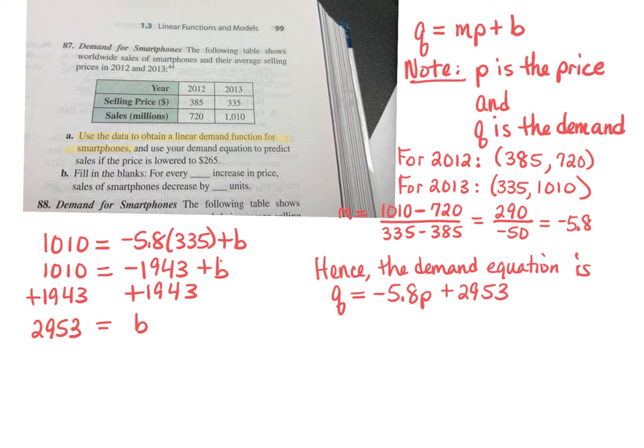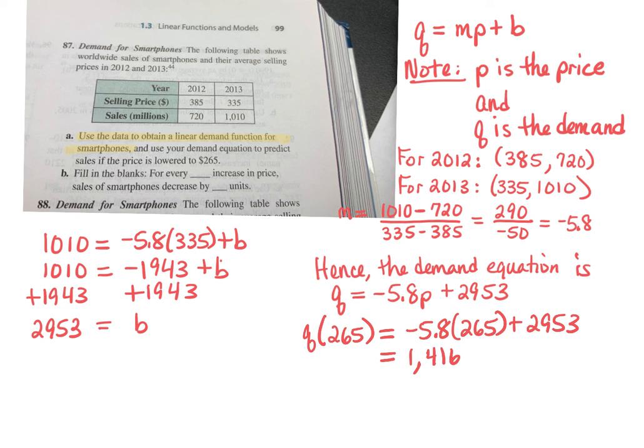Okay, so tell me what you're getting. So you said to substitute in, so now we are finding Q of 265. We're substituting in 265 for P. That's equal to negative 5.8 times 265 plus 2,953. And what do you get here? 1,416.